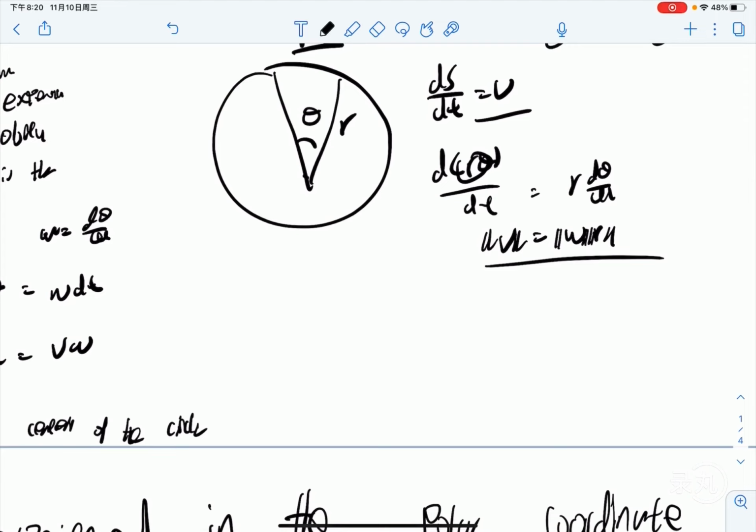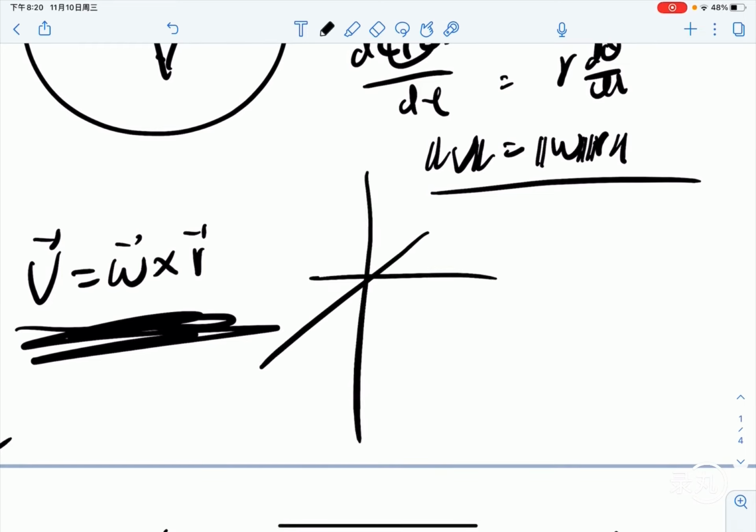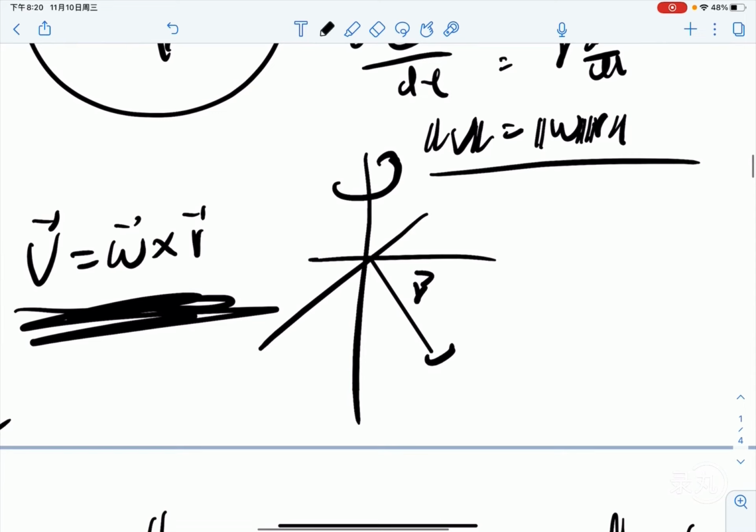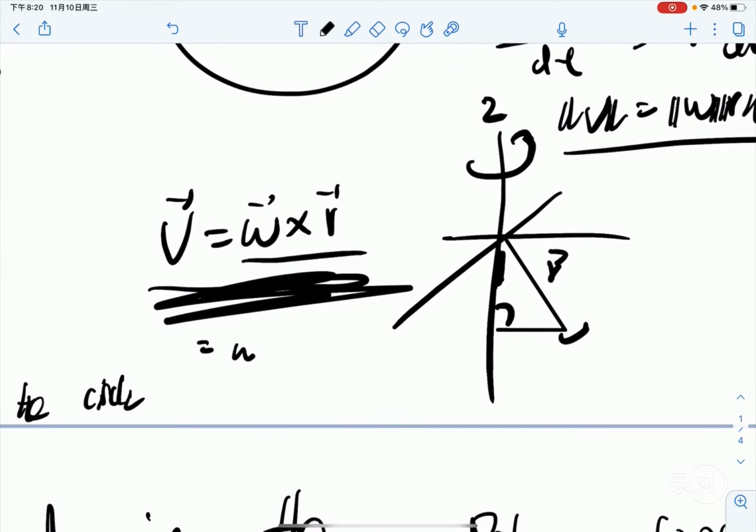And the physicists write the velocity in this form, and you can see why. Like in this coordinate system, it is rotating in this direction, and here is r. So basically, if you make a vector that's perpendicular to the z direction, you can see this is just basically equal to W r sine.